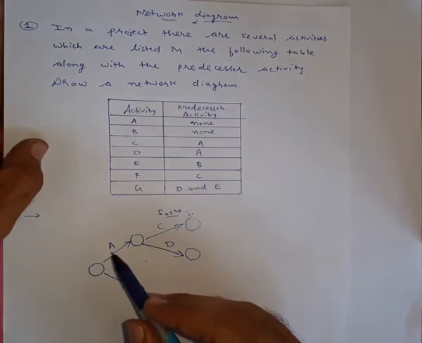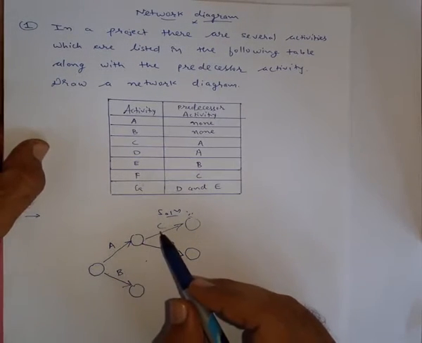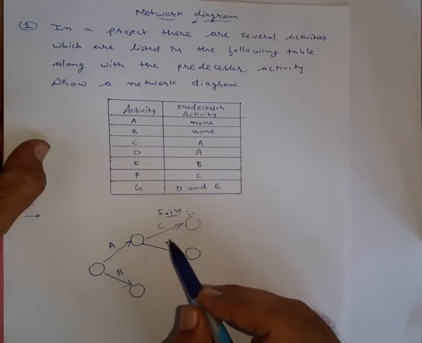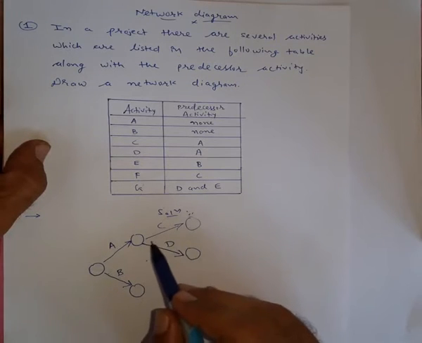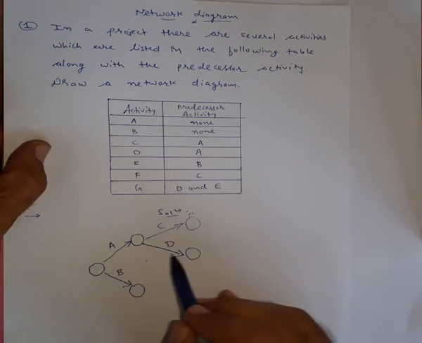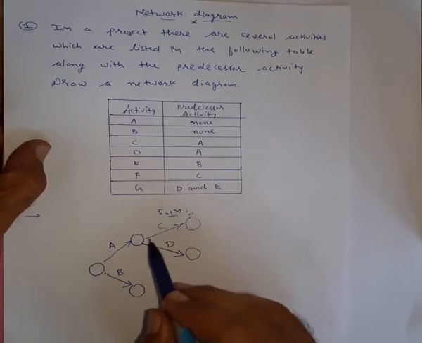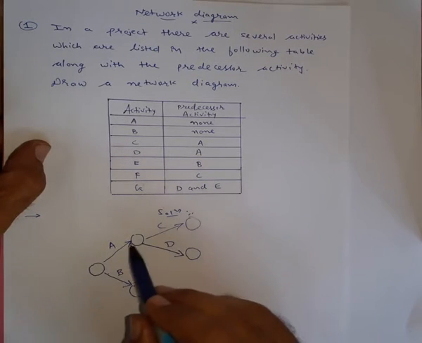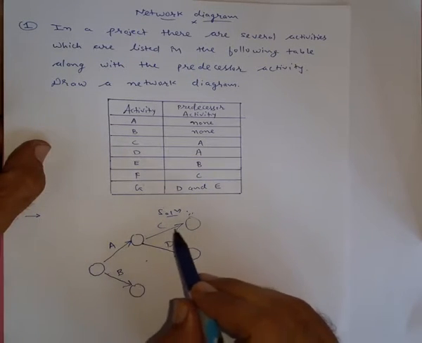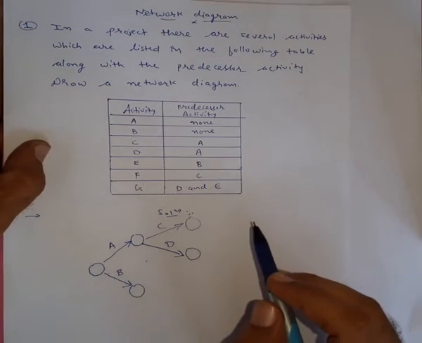So here you can see activity A is completed over here. Only after that can you start activities C and D. So those two activities come out from here, and you can see that they are dependent on the completion of activity A. So C and D both are dependent on activity A.